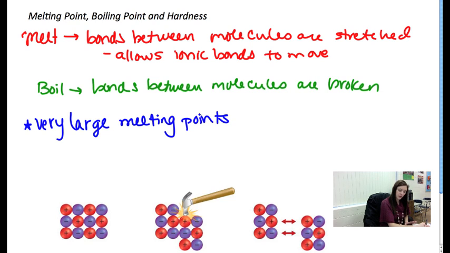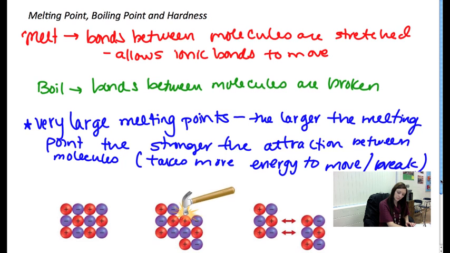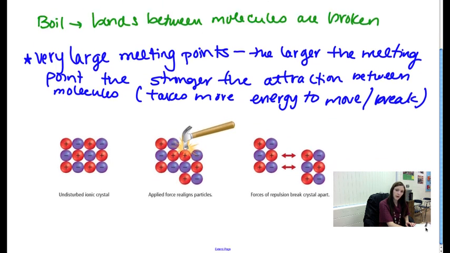So a larger melting point means that the particles are more strongly attracted to one another. A very large melting point for an ionic bond means the forces between the particles are very strong, so it took a lot of energy, a lot of heat, to get them to melt.